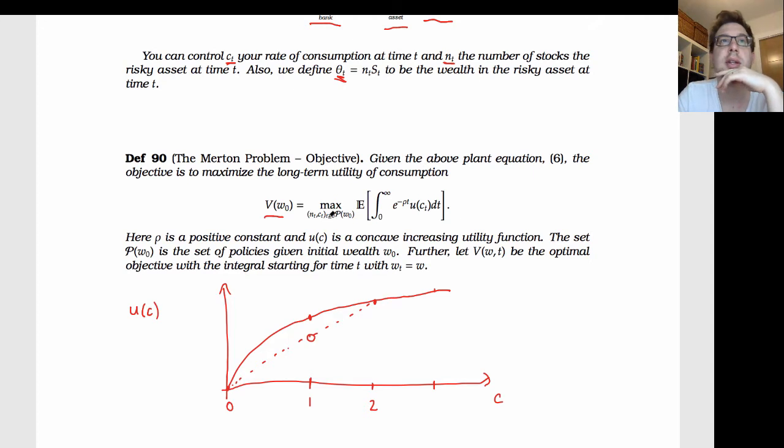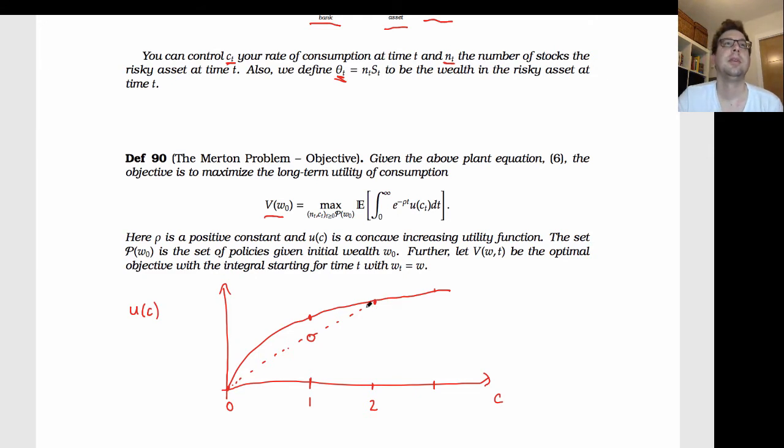That should be a belongs-to sign in here. So looking to maximize the expected value of that when I integrate over all time, subject to a discount factor e to the minus rho t, of the utility of my consumption. So basically I'm looking to maximize my total expected consumption, given some discount.